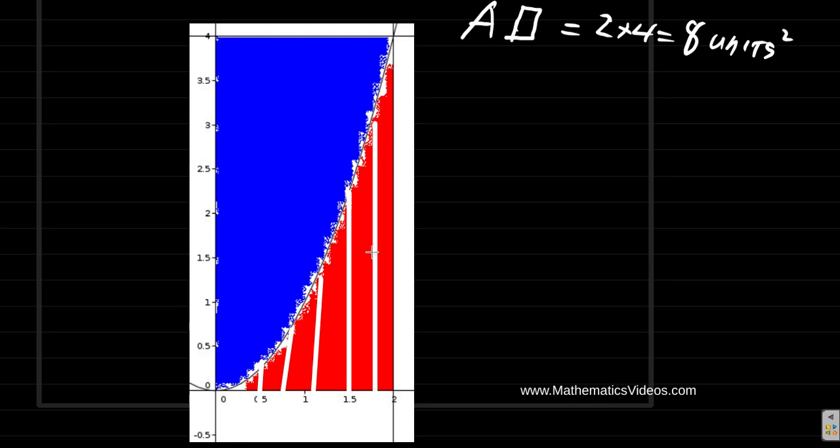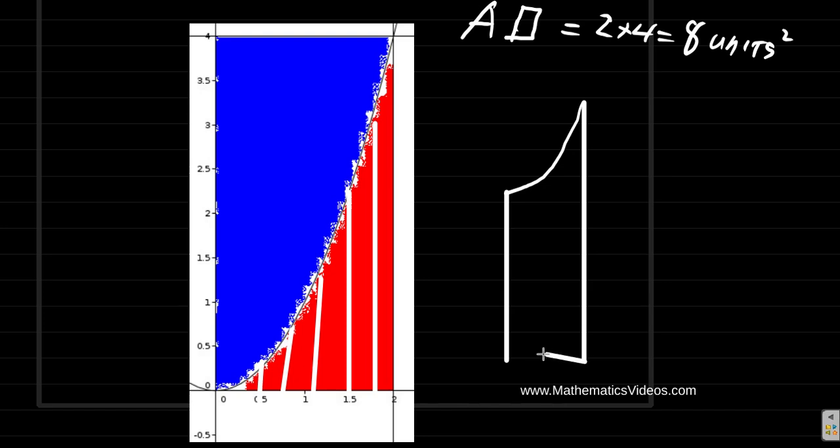They're really trapeziums. You could approximate them to being a trapezium. Each of them would have a curve at the top, like this, and then you go straight down.